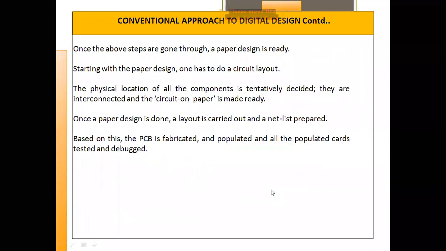You see here in the conventional approach, what you have seen so far, you are thinking of a very big circuit or a very big system. You want some expected output.